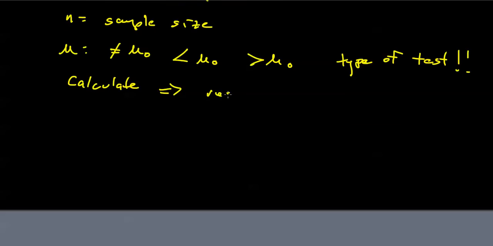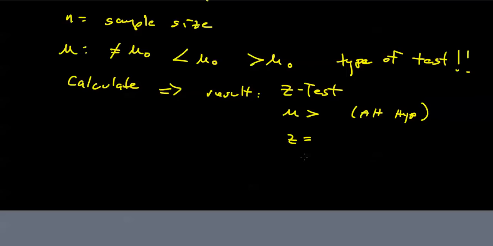And the results screen will look something like this. Basically, it reminds you what test you're using. You'll have a mu is greater than statement. That's really the TI code for the alternative hypothesis, or H1. The calculator will return the z-score of the sample mean.